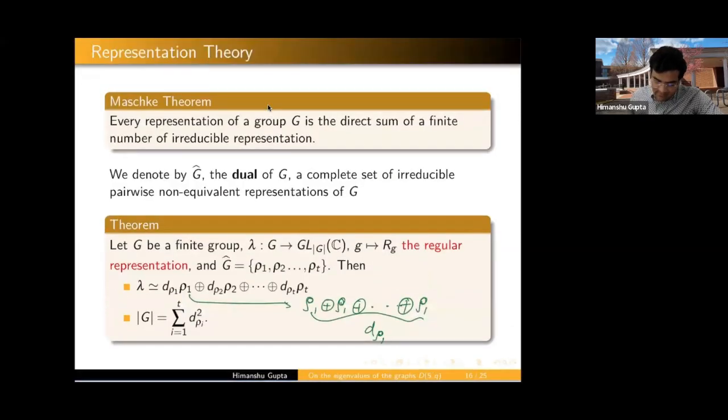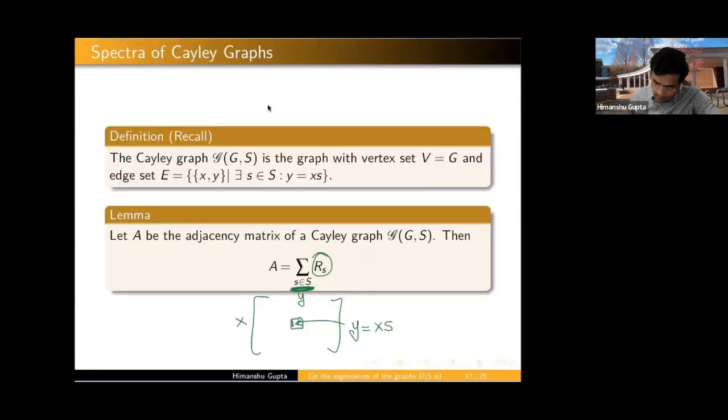And due to the previous result, we know that this regular representation is equivalent to the direct sum of these irreducible representations, which means that we have some matrix which makes all these RSs similar to these block matrices.